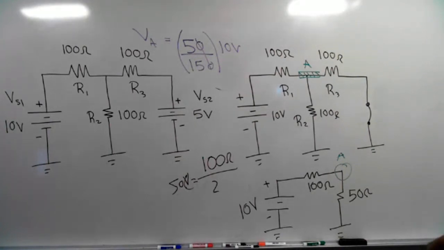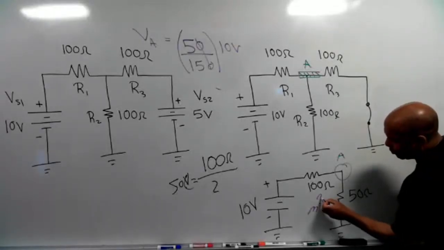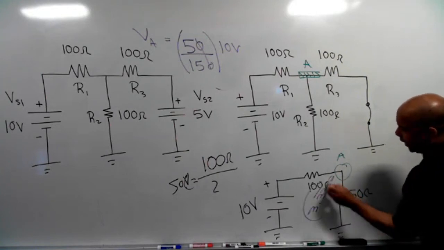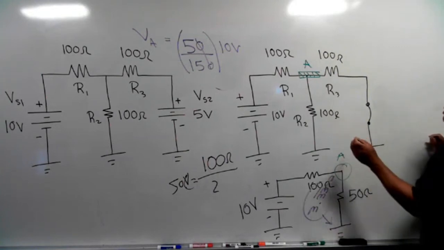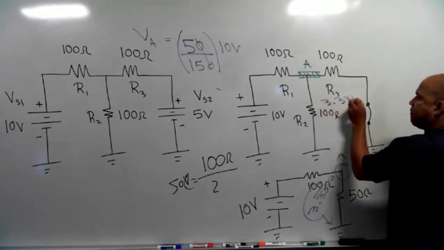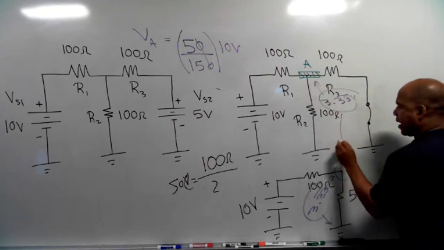3 point what? 3 continuing. All right, so somebody said it was 3.33 and it continues, from A to ground. So I have 3.33 volts from A to ground.